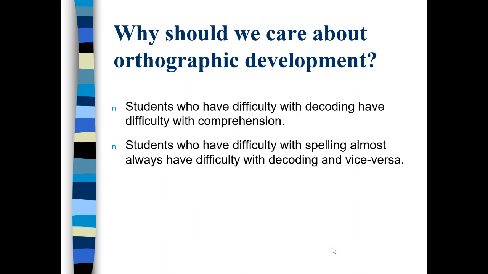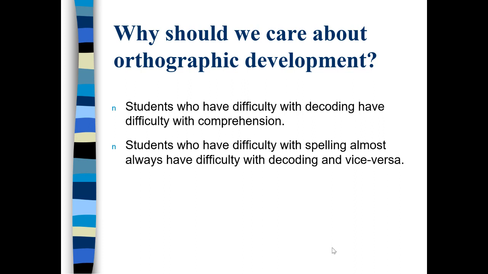Therefore, then those students will have trouble comprehending what they're reading. Again, if you don't understand the words that you're reading, the whole purpose of reading in itself is to make meaning of that. So if the students are struggling orthographically and developmentally orthographically with that, then they will have trouble reading or comprehending what they're reading.